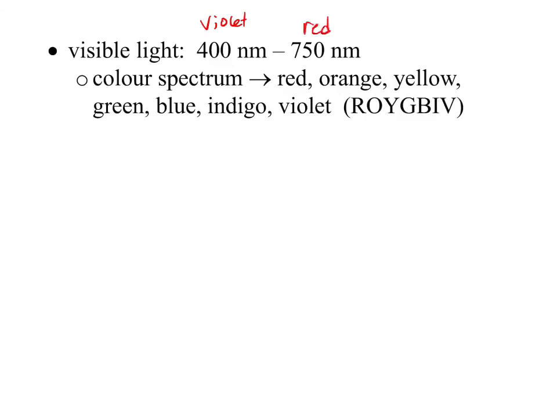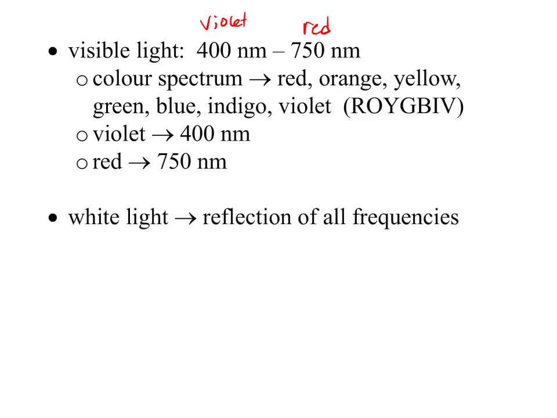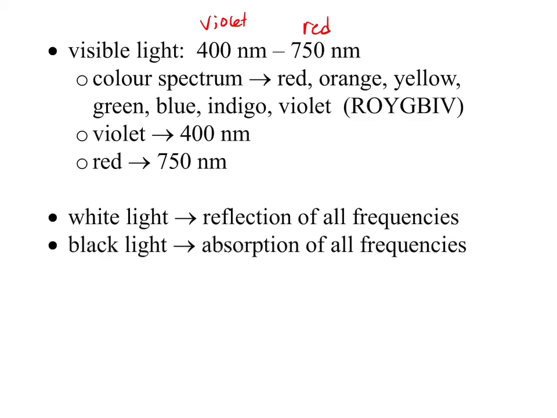Okay, and of course you know the spectrum because you've been learning it since like kindergarten, and that's of course Roy G. Biv. So our violet is at 450, our red is at 700 nanometers. And then of course white light is the reflection of all those frequencies all together, and black light is the absorption of all those frequencies all together.